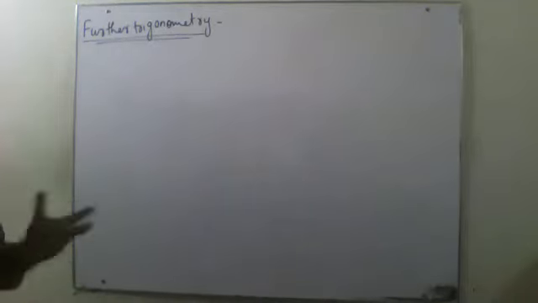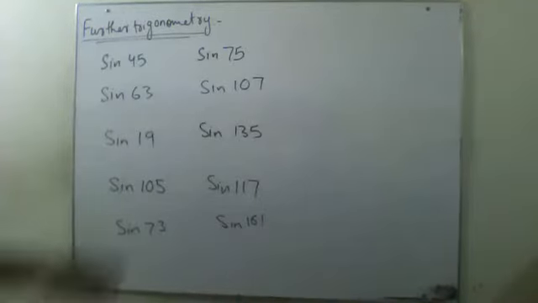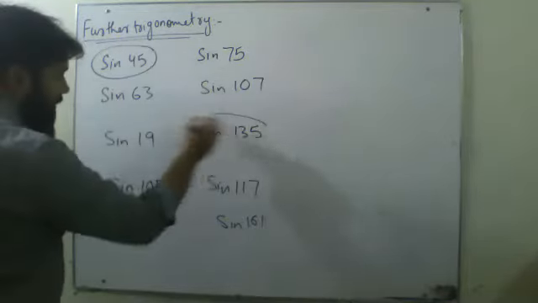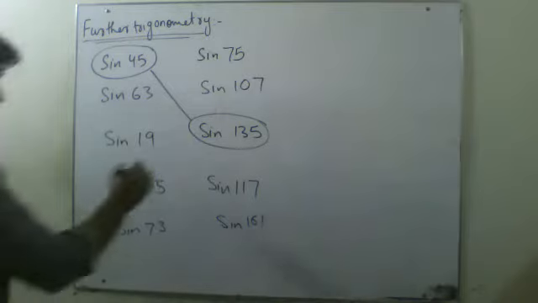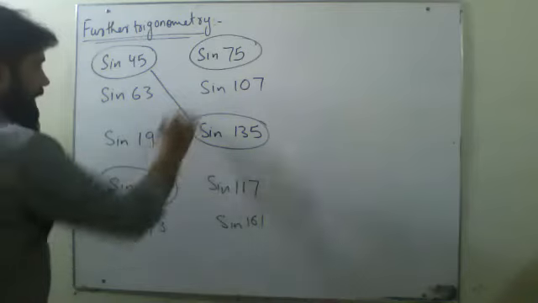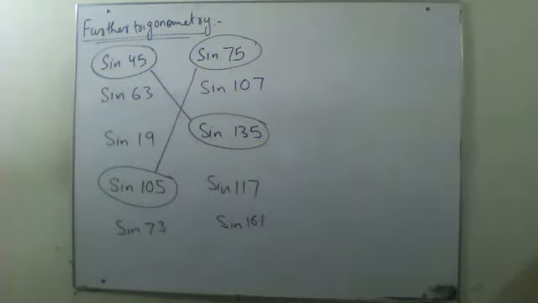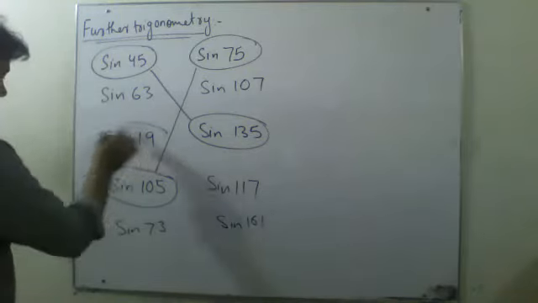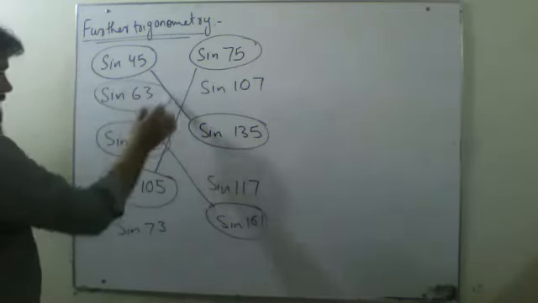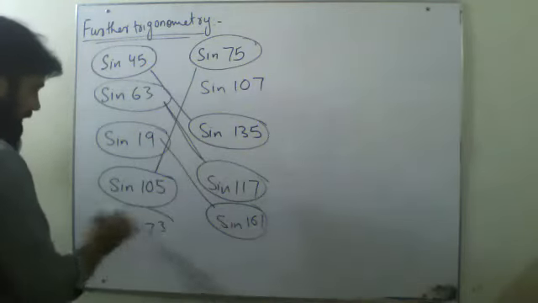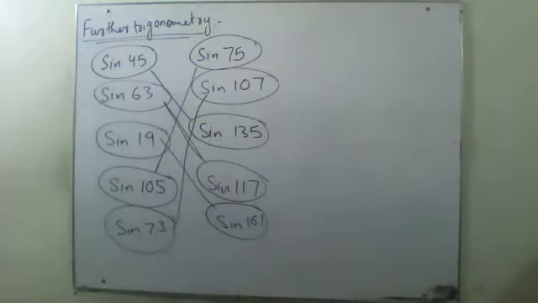Now I have written some values over here, and if you find the sine of these values, I'm not solving it, but I'm telling you that this one and this one are the same, this one and this one are the same, this one and these values are the same, and this value and this value are the same, and at the last, this value and this value are the same.